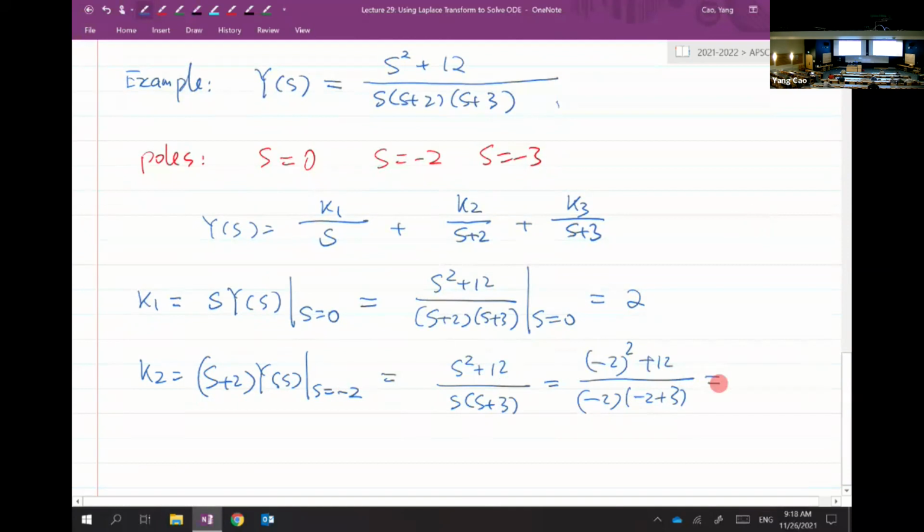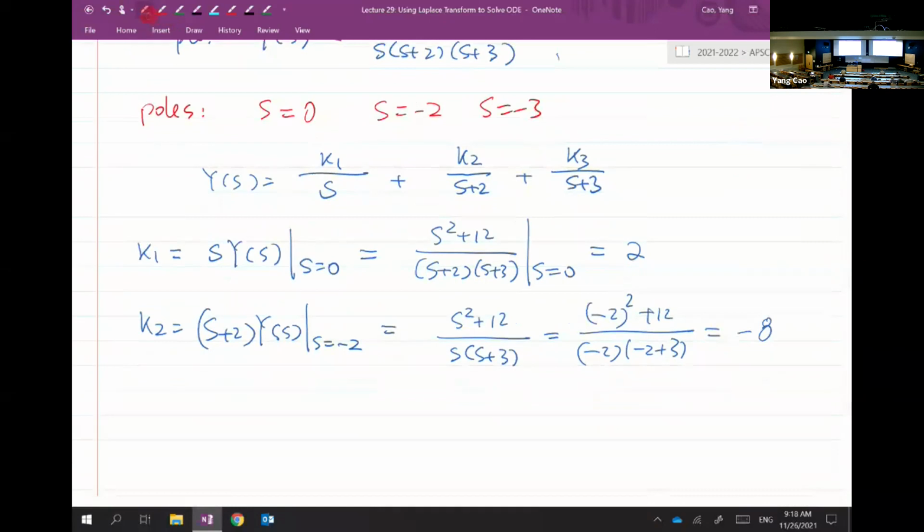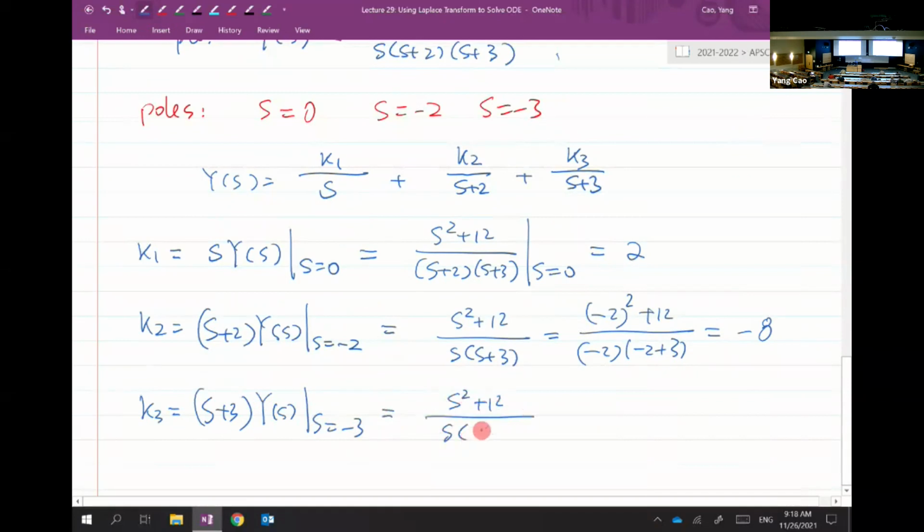That's 16 over 2... -2 squared is 4, plus 12 is 16, over 1... You should get -8. That's the k2 value. The last one, k3: multiply by (s plus 3), s equals -3, and then you get (s squared plus 12) over (s plus 2). Plugging in -3, you should get 7 for this k3.